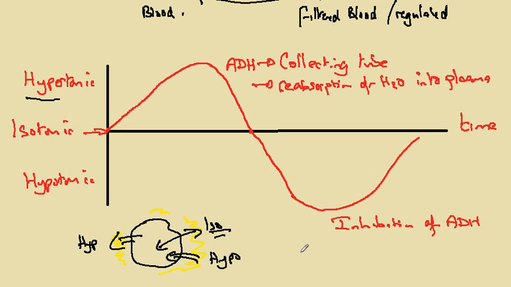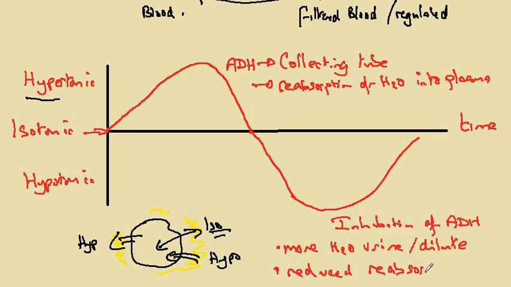And that has the effect of putting more water into urine so that it becomes more dilute. Another way of saying this is that we have reduced reabsorption of water in the nephron.